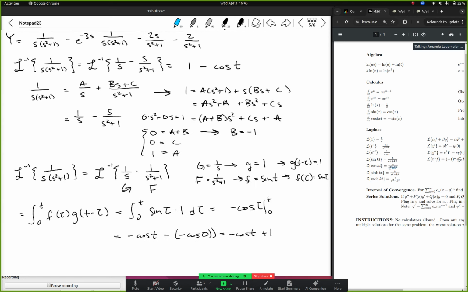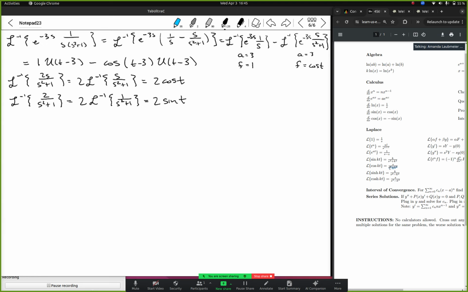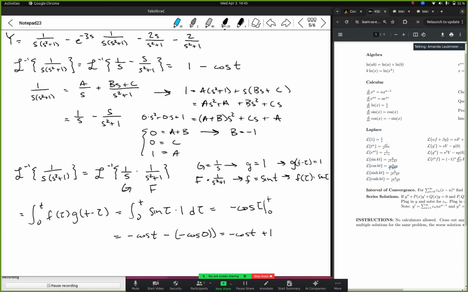And then from here, I just have to plug everything back in. So little y was L inverse of big Y. So it's going to be L inverse of this first part, which we said was just 1 minus cosine t.